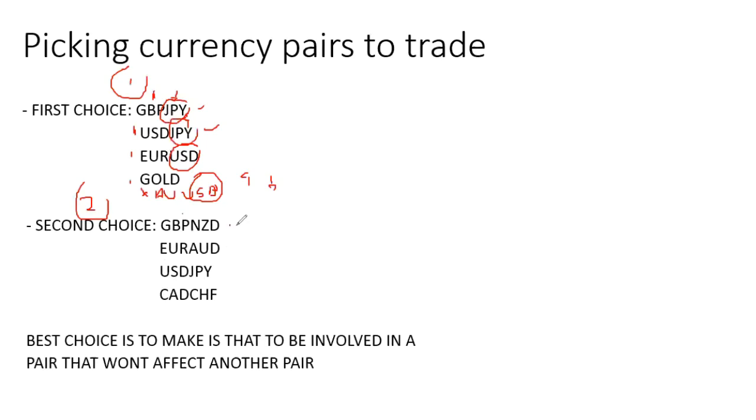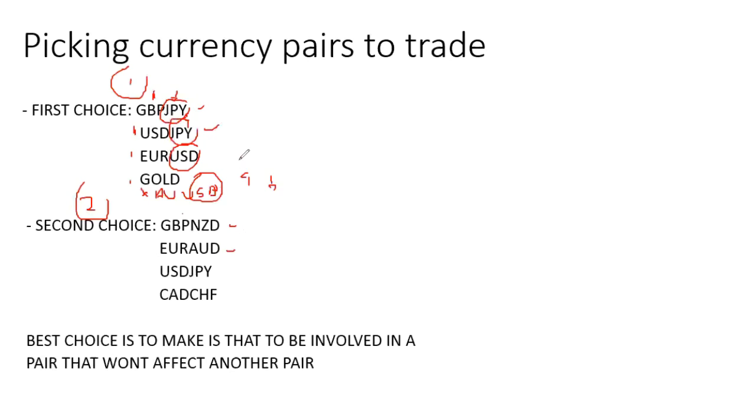If this one goes against you, it doesn't mean that this one is more likely to go against you. If something happens in the UK, nothing else here is more likely to get affected, because you're not trading the pound twice. So the best choice is to be involved in a pair that won't affect another pair.